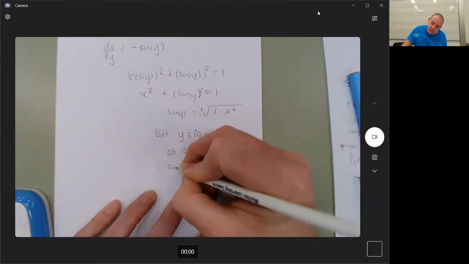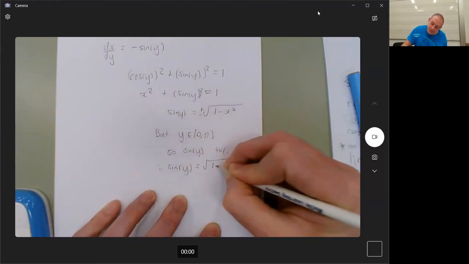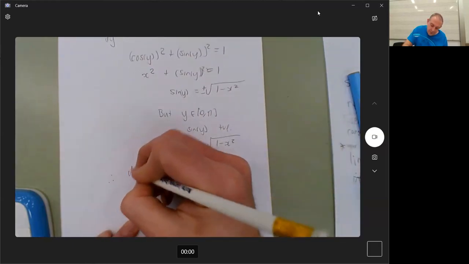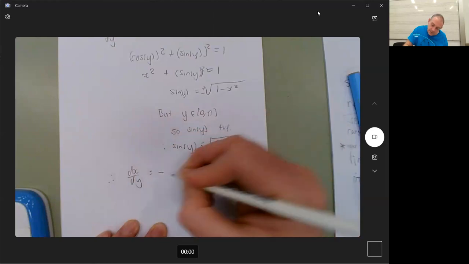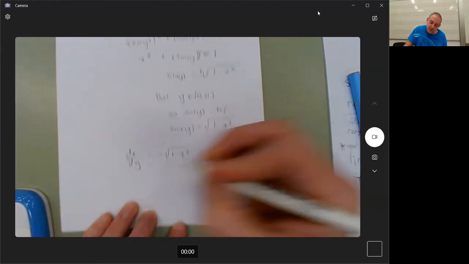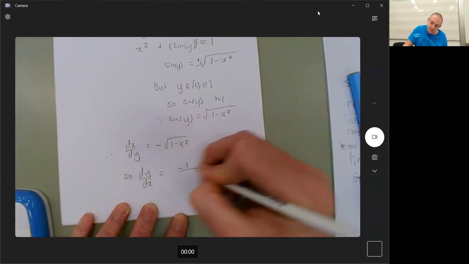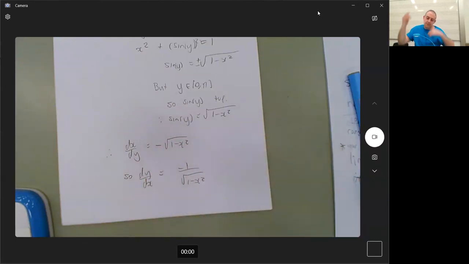And so therefore sine y is in fact this one. And so therefore my dx on dy is minus root 1 minus x squared. And so dy on dx is, ta-da!